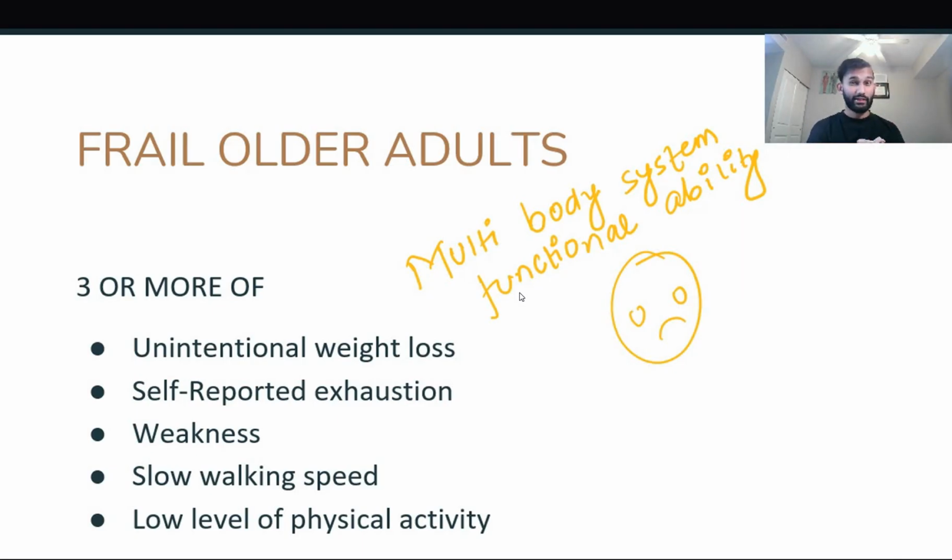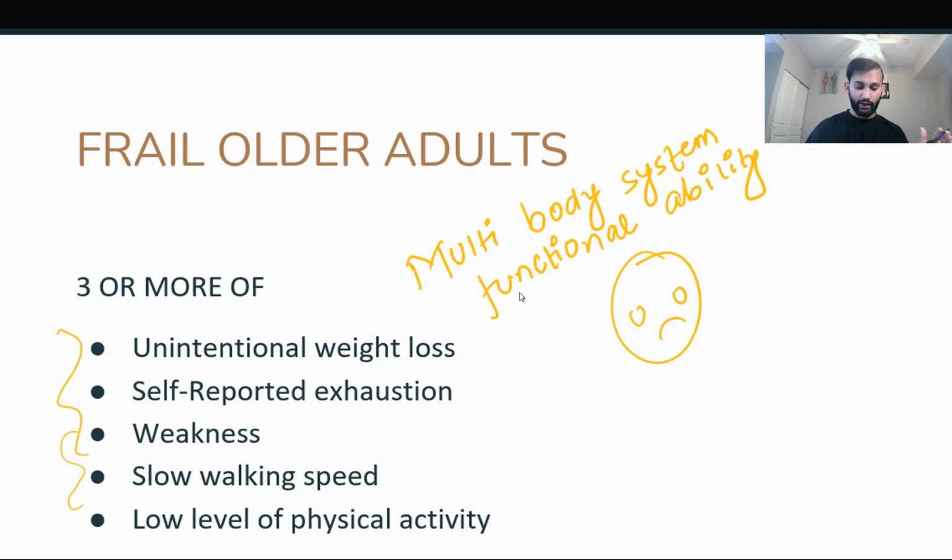If a patient is losing weight unintentionally, the patient could be in the category of frail older adults. The others are self-reported exertion, weakness, slow walking speed, and low level of physical activity. If you have three or more of them, then you could be classified as a frail older adult.